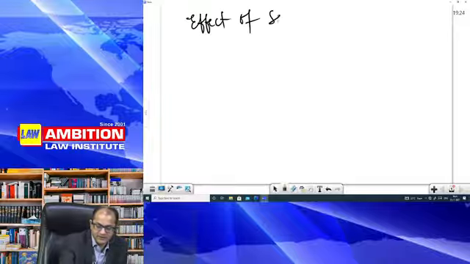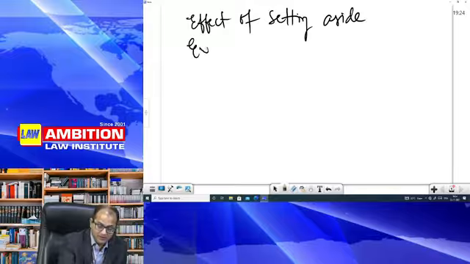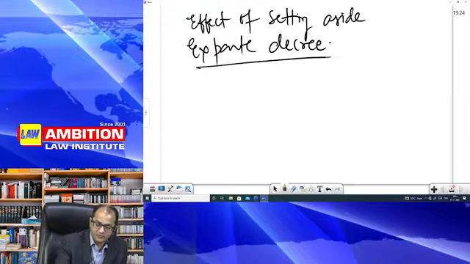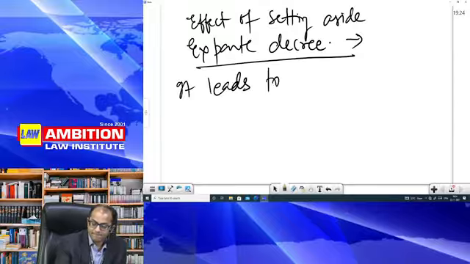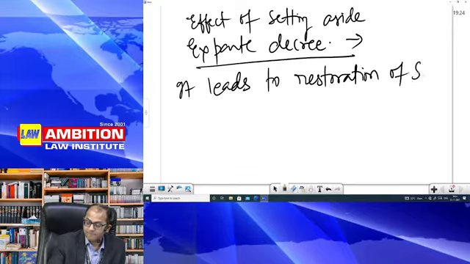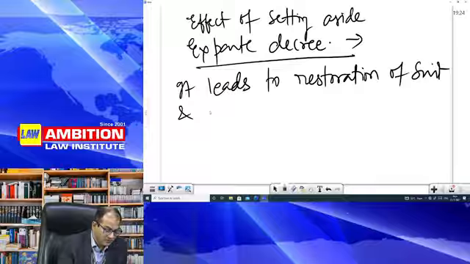So you can write, the effect of setting aside an ex parte decree: it leads to restoration of the suit, and trial commences de novo.